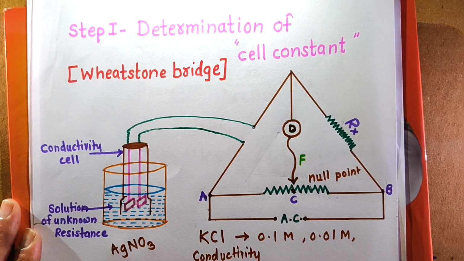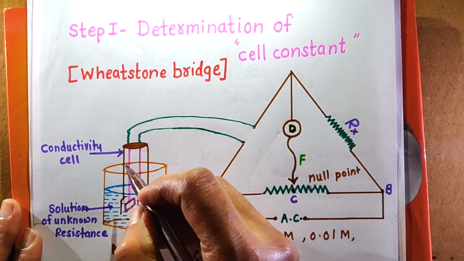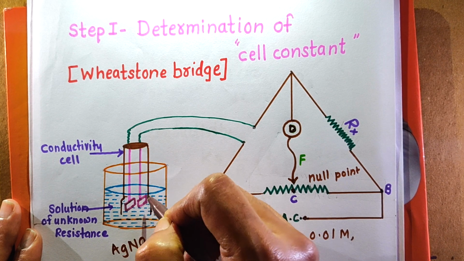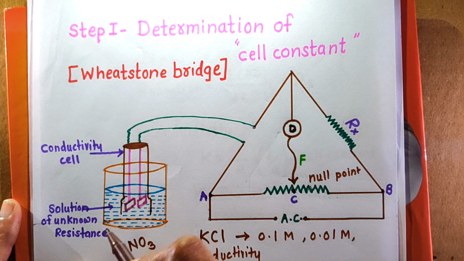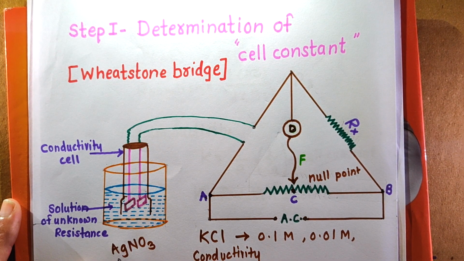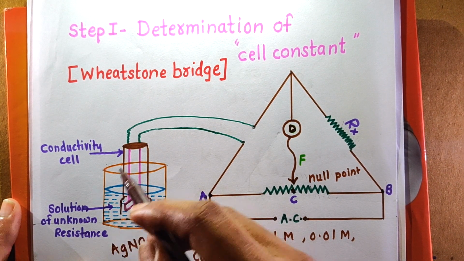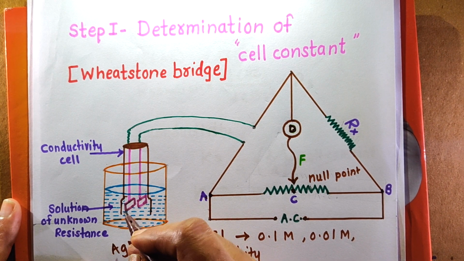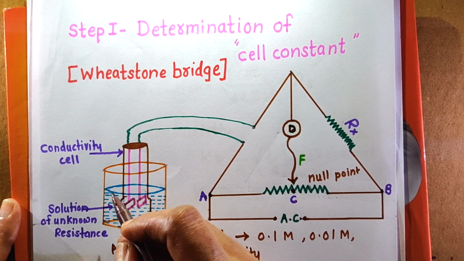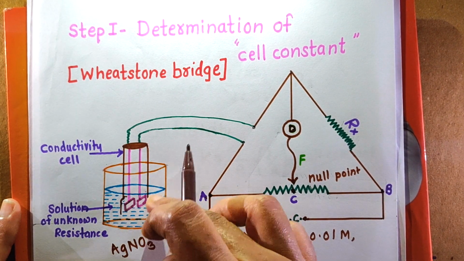The first step is we have to determine the cell constant of this conductivity cell, and by using the same conductivity cell we can now determine experimentally the conductivity of AgNO3 solution. So in this second step, we have to replace this solution.